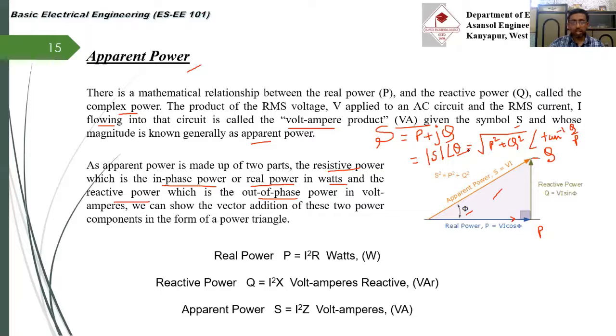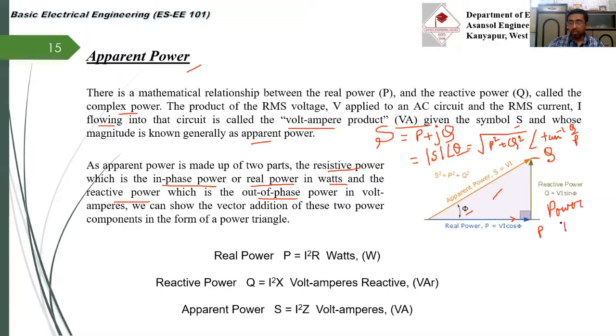There is nothing wrong. Now, what is real power? That is P equals I square R. What is reactive power? That is I square X volt ampere reactive. That is watt, and apparent power is I square Z. So this is called the power triangle.